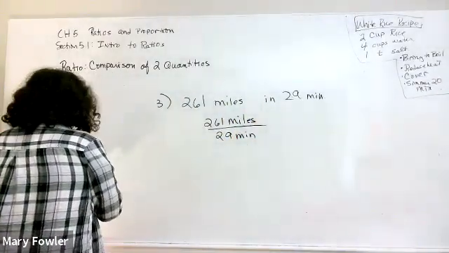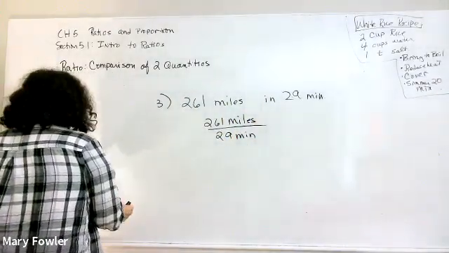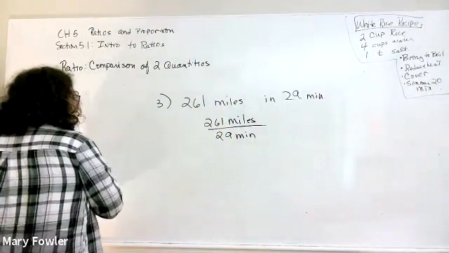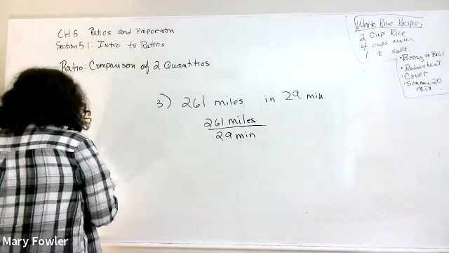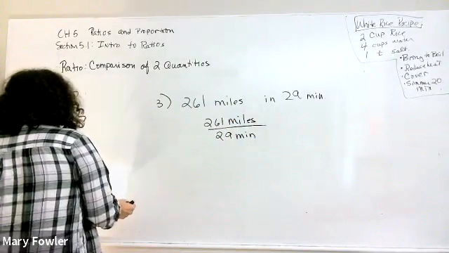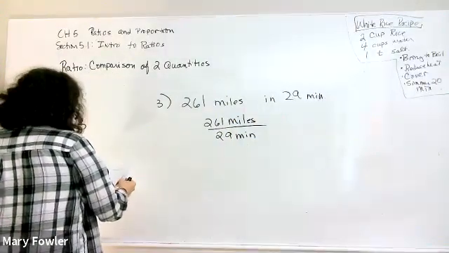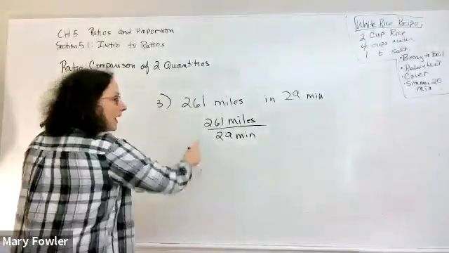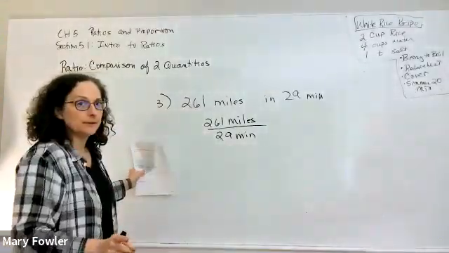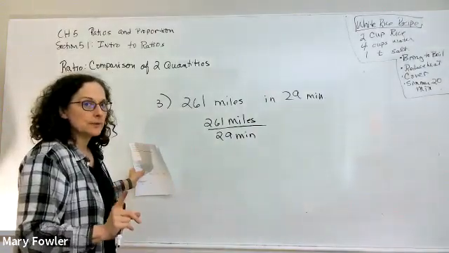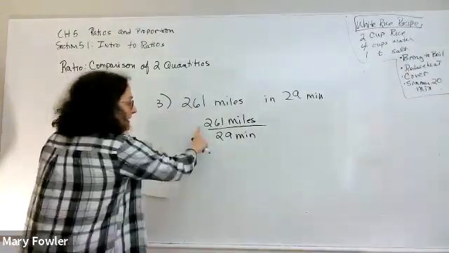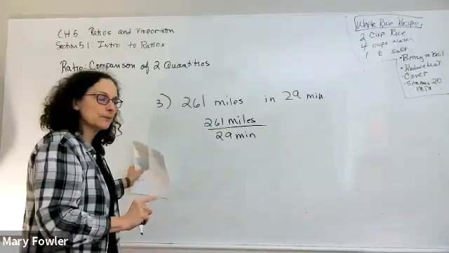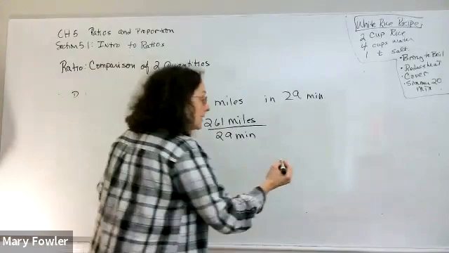And we have to take a minute and think about whether or not that's in simplest form. That is, do 29 and 261 have any common factors? Well, I remember that 29 is prime. So the only possible factor here would be if 29 goes evenly into 261. So I'm going to try that out over here.